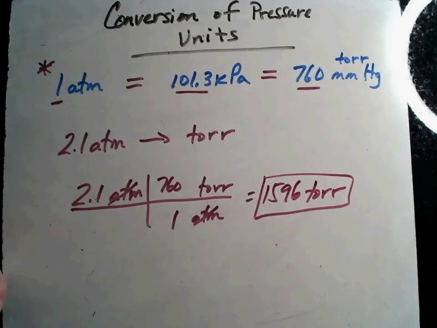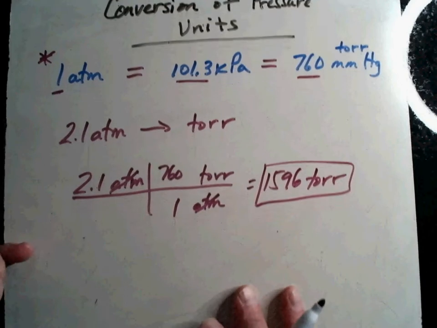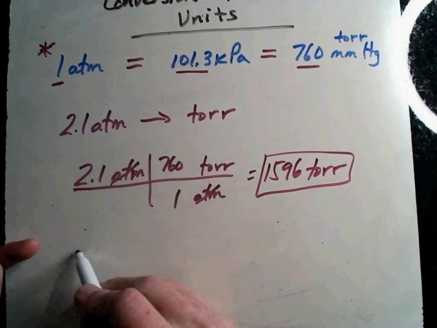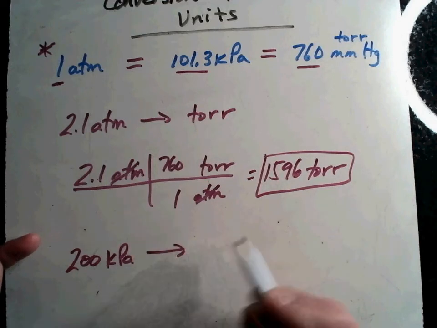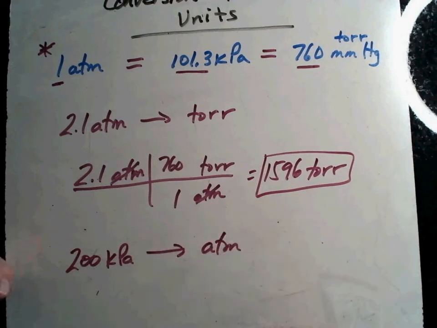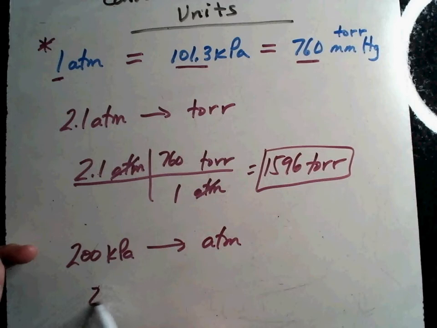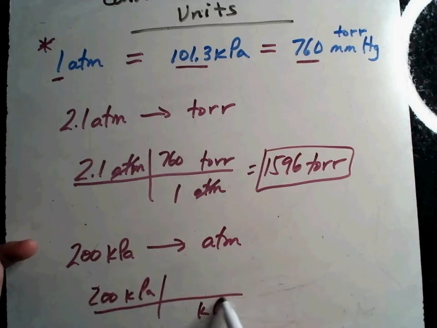So what happens if you had a different one? What if you wanted to go from 200 kilopascals and you want to go to atmospheres? Okay. Well, works same way. 200 kilopascals. Kilopascals goes here, so that word goes away. What number's in front of kilopascals? 101.3.